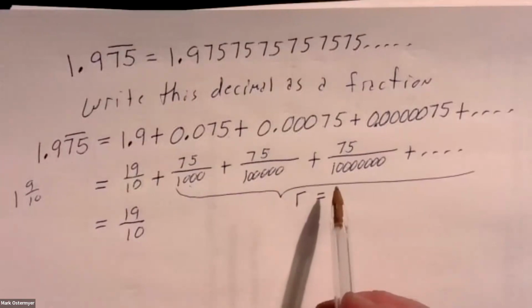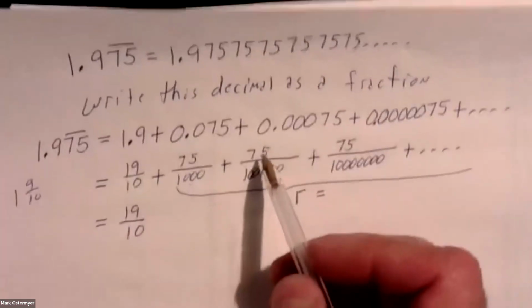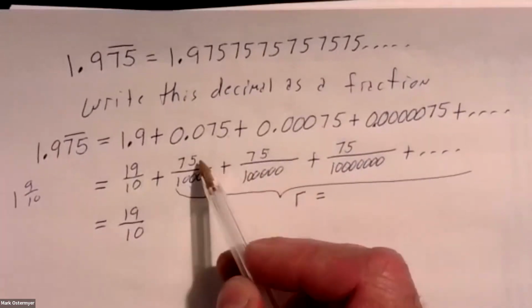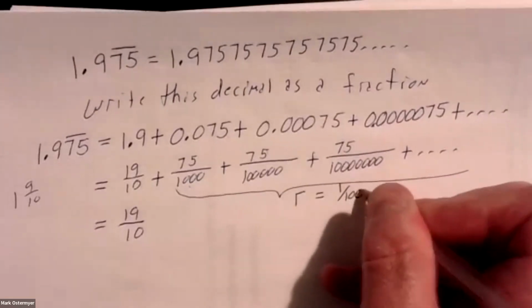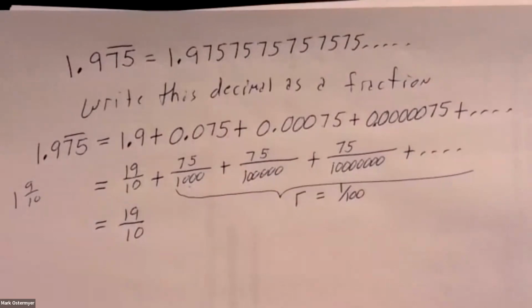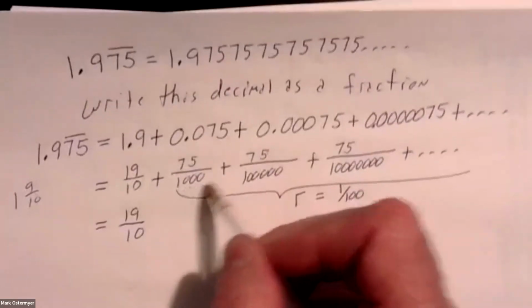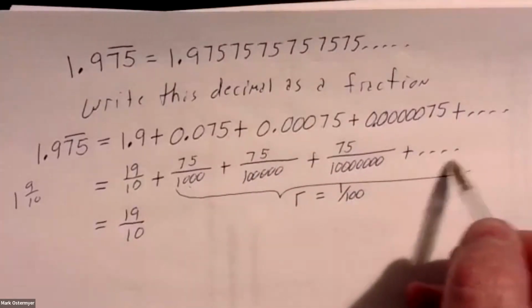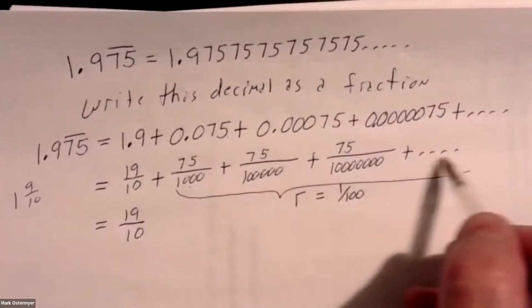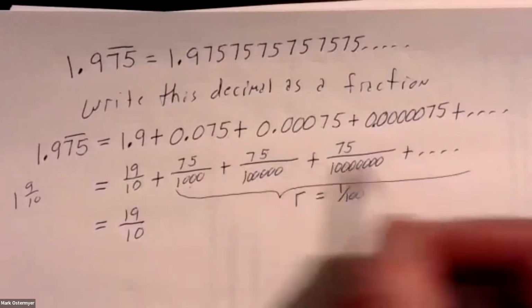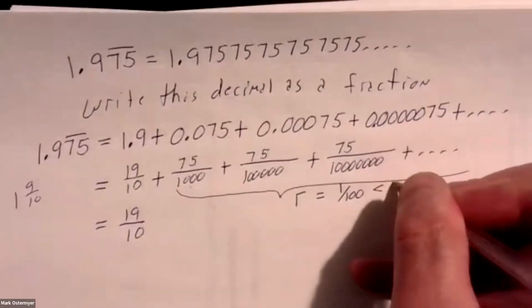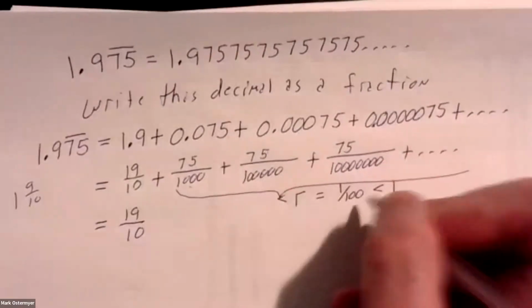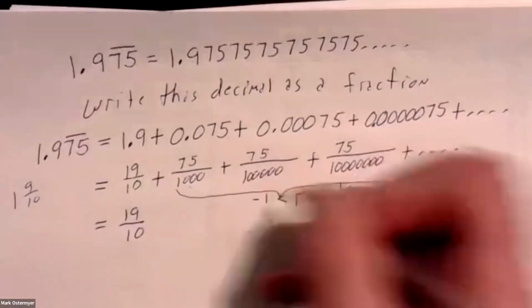Well, if you take 75 over 100,000 and divide it by 75 over 1,000, you'll discover your common ratio is 1/100th. That's your common ratio. So, is this infinite geometric series convergent from this term on to infinity? The answer is yes, because my common ratio is a fraction that's between 1 and -1.